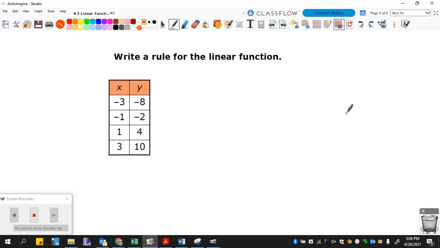Write a rule for this linear function. Now here we don't have a graph. We could always plug it into Desmos or someplace, or we can simply use the point-slope form, y minus y1 is equal to m times x minus x1.